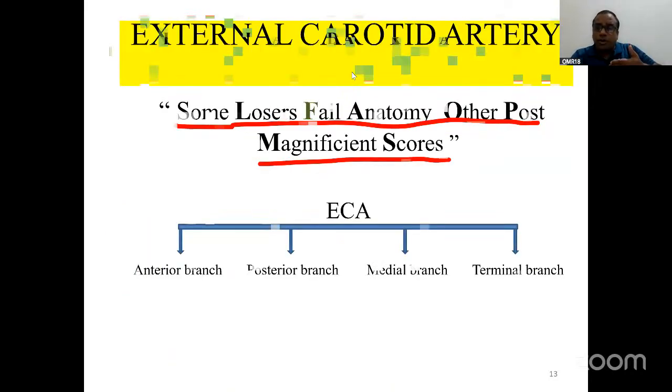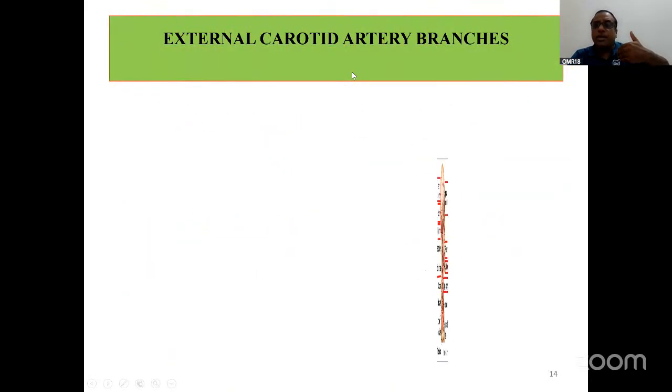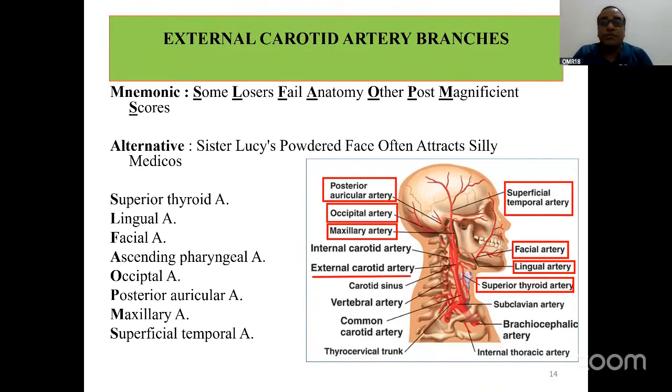So you can tell the names top to bottom and bottom to top. I hope I am very clear. Some losers fail anatomy, other post magnificent scores. This is how you should learn this. This is the blood supply which you should learn; by default, in any chapter, these names will come. So you can take a screenshot of this, write it down in your notes, and try learning this.